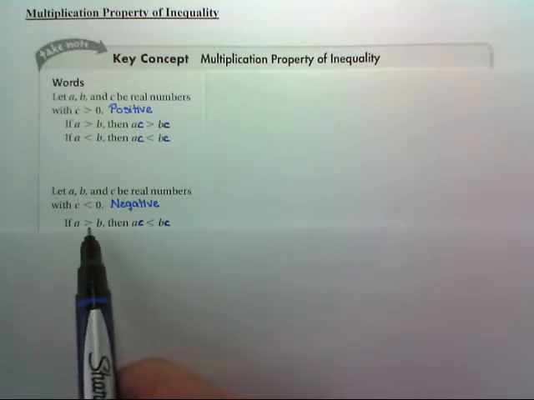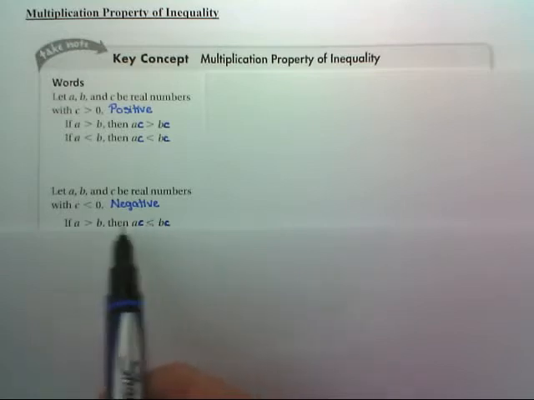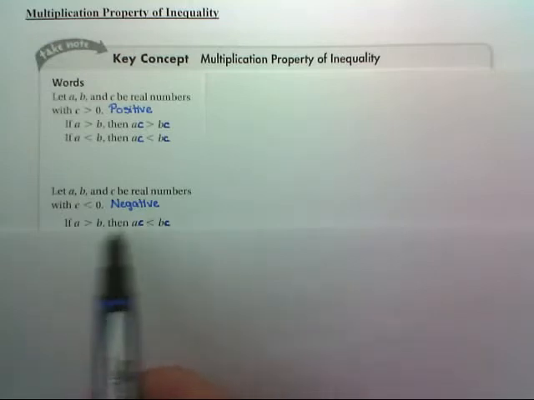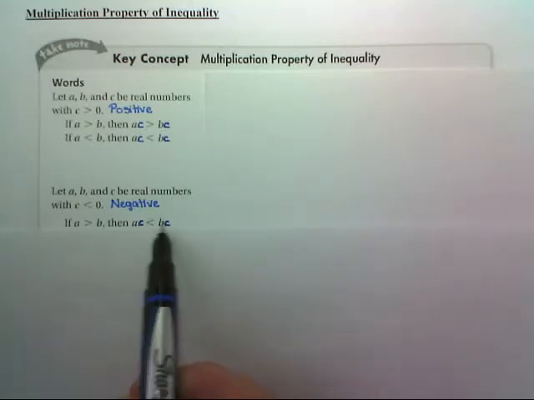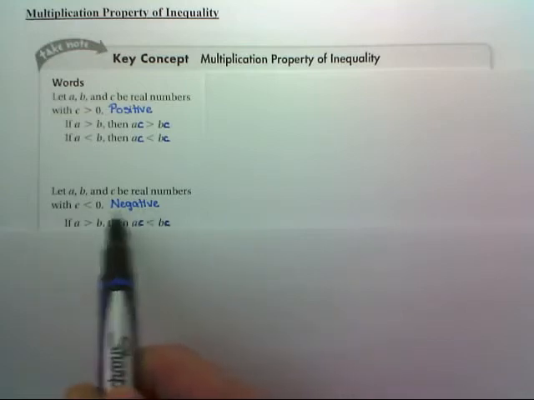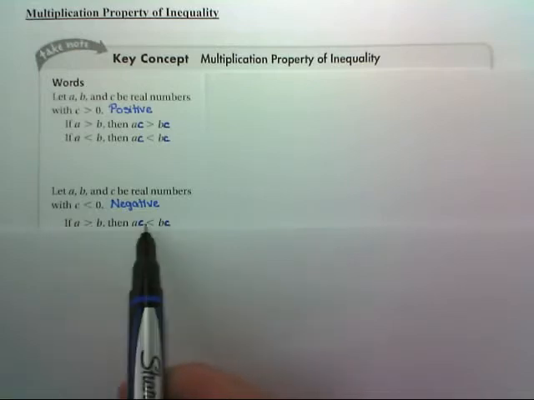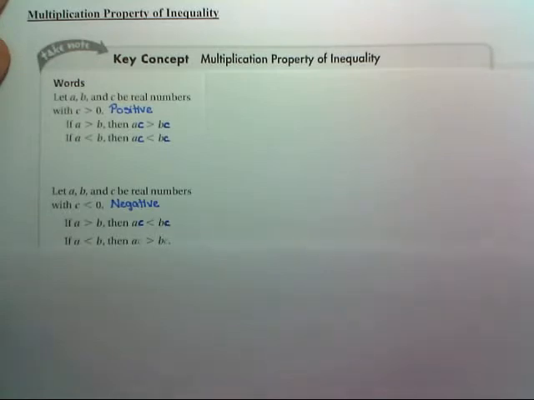It was a greater than symbol, now it's a less than symbol. I have equivalent inequalities, just like we talked about in the first video. The only difference is because I am multiplying both sides by a negative number, it's going to flip or reverse that inequality symbol.